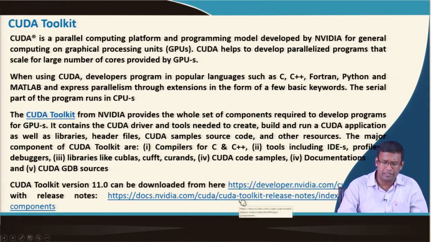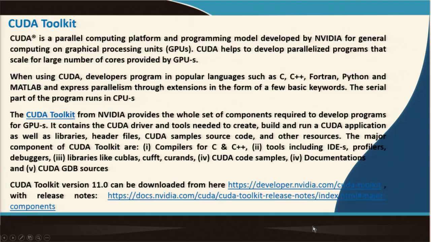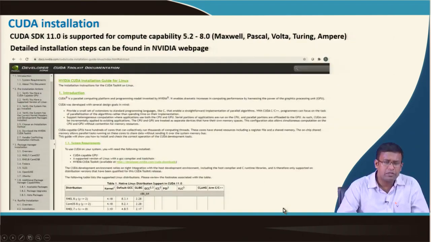CUDA toolkit version 11 can be downloaded from the NVIDIA website with its relevant release notes. The CUDA toolkit version 11 gives us CUDA software development kit 11.0.